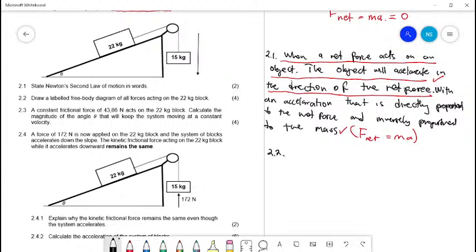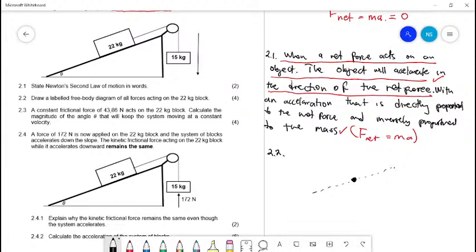So it means that you need to draw a free body diagram of an object on an incline. So how do you do that? To draw a free body diagram of an object at an incline, you need to at least trace the incline. You can do that using a pencil. You're going to trace the incline just like this, and then you use a dot to represent your object, right?